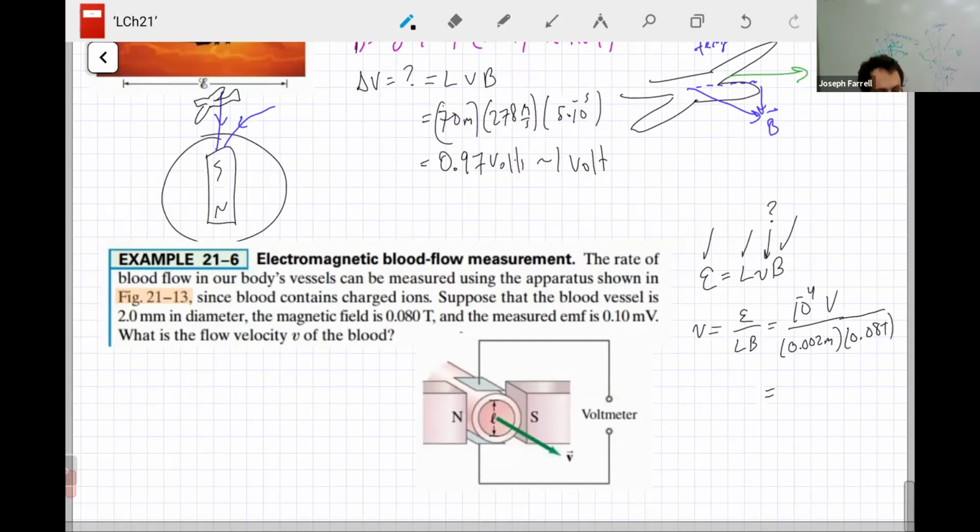We've already done enough unit analysis, so hopefully you believe that is going to be meters per second. 10 to the minus 4 divided by 0.002 times 0.08 gives 0.625 meters per second, or you could say 625 millimeters per second. All right.